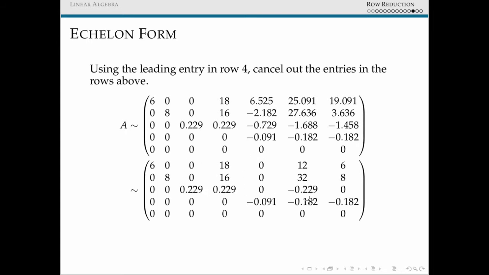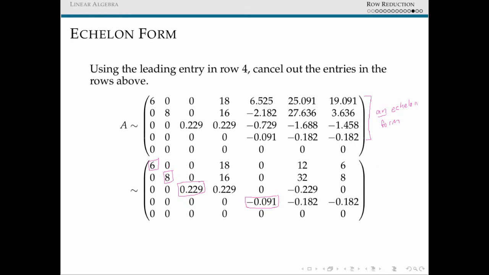And so at this point, we've gone as far as we can go in converting our matrix into an echelon form. So technically this is an echelon form, and it's going to differ from our reduced echelon form only by our scaling factors of each of these leading entries in our rows.